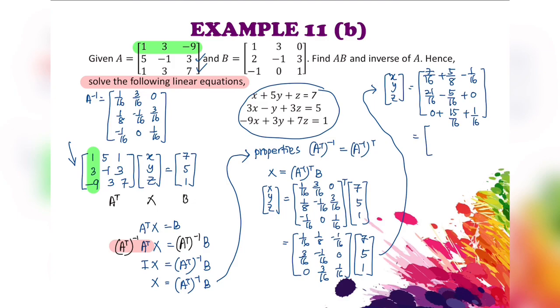Now we are going to get these results: 1, 1, 1. So that means X is equal to 1, Y is equal to 1, and Z is equal to 1. So that concludes our answer.